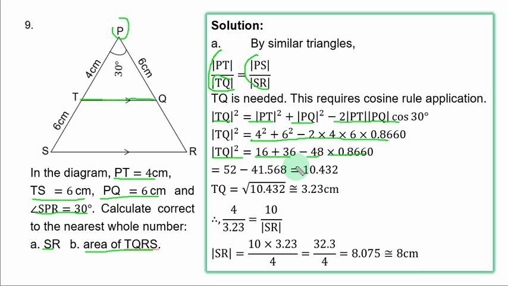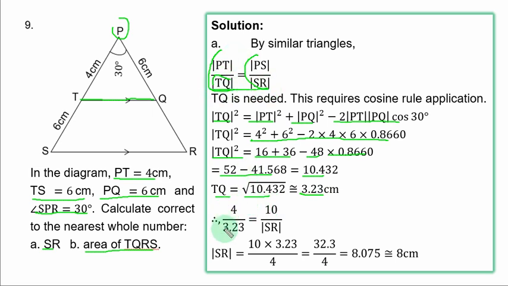If you add together and multiply, you have 52 minus 41.58568. If you subtract, you have 10.432. To get TQ, you take the square root of 10.432, and that is approximately 3.23 centimeters.